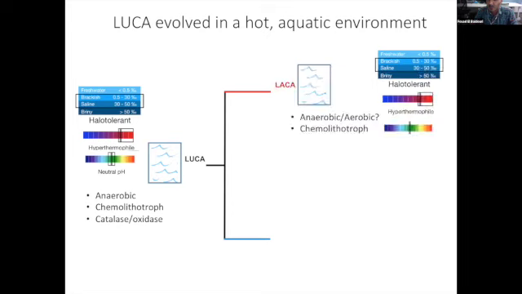The last common ancestor of archaea has similar characteristics to LUCA in being halotolerant and hyperthermophile, and living in neutral pH. It was not clear whether it was anaerobic or aerobic, but it was also chemolithotrophic and has catalase and oxidase.